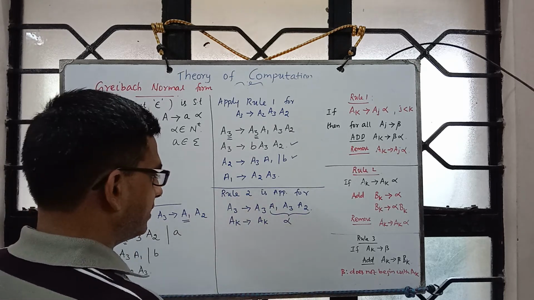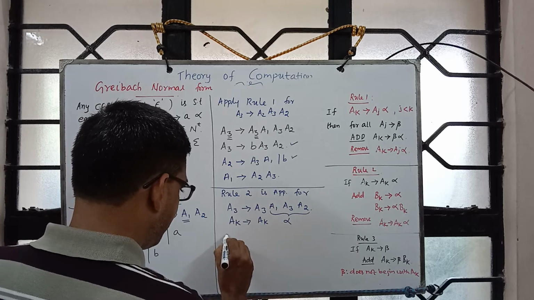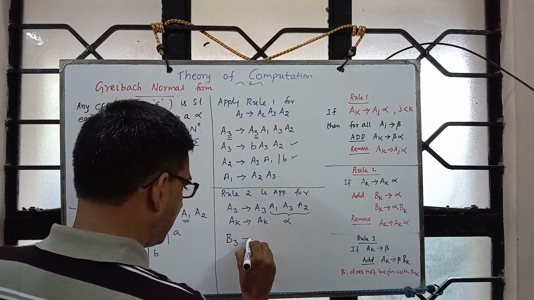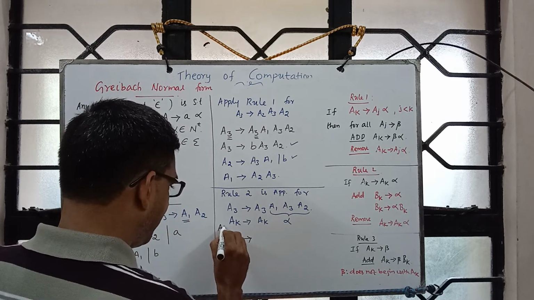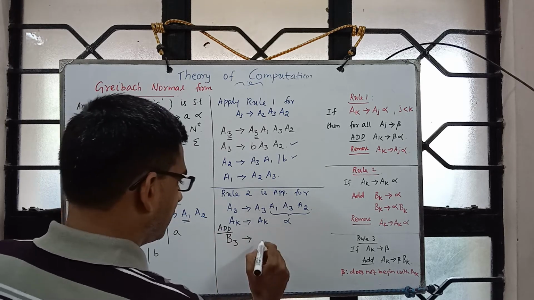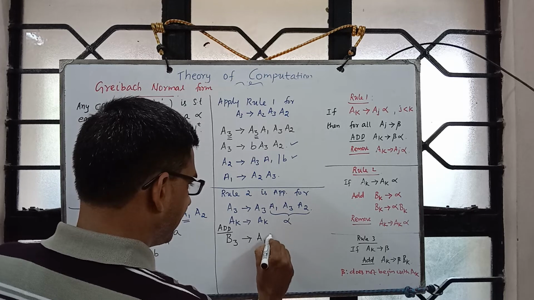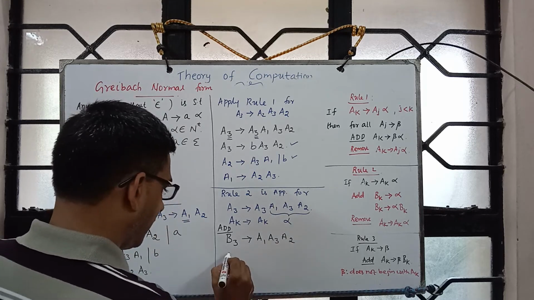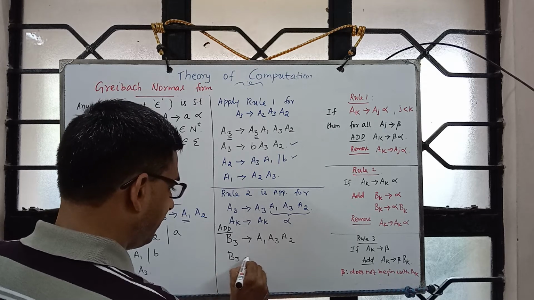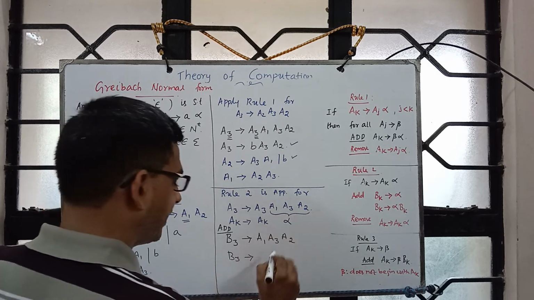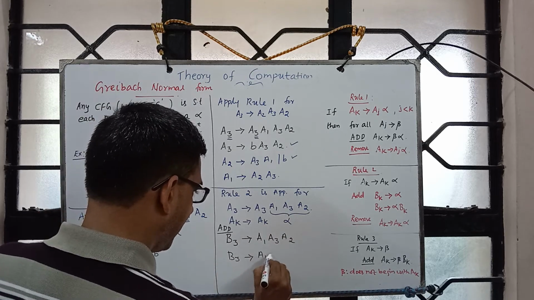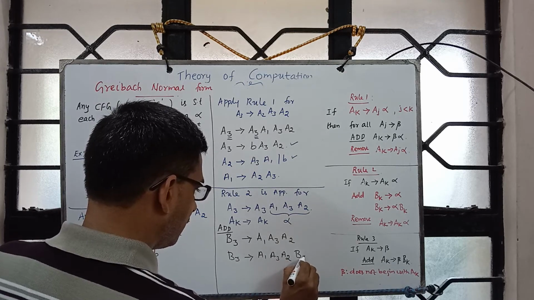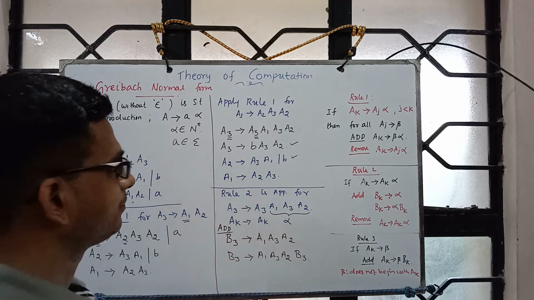So you introduce a variable called BK. So in this case it is B3. So B3 implies alpha, which means A1, A3, A2, and B3 implies alpha BK, which means A1, A3, A2 followed by B3.